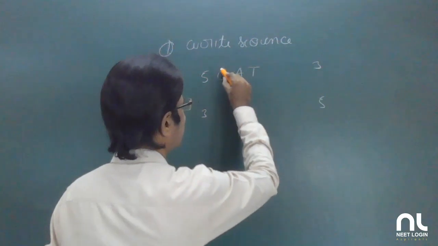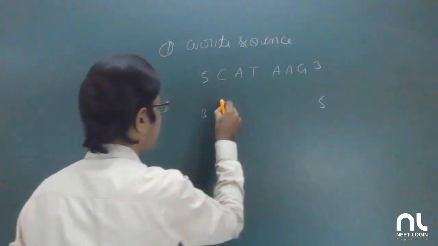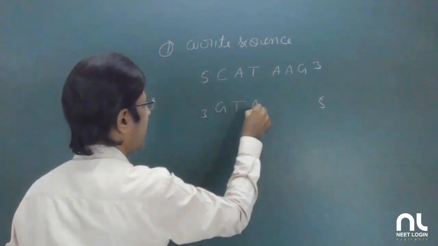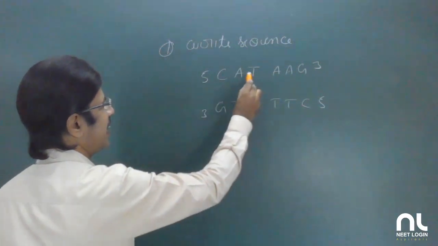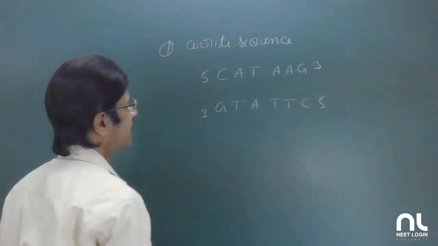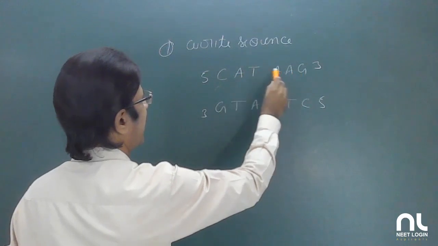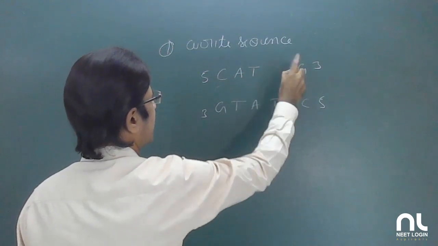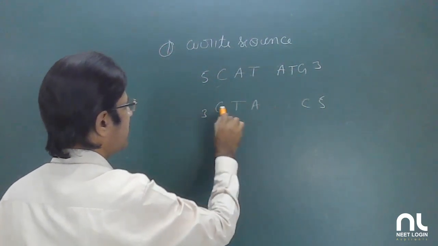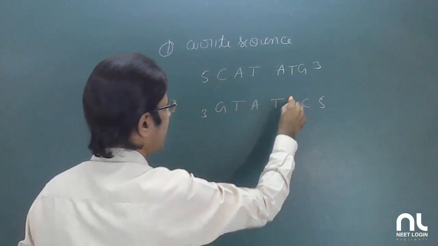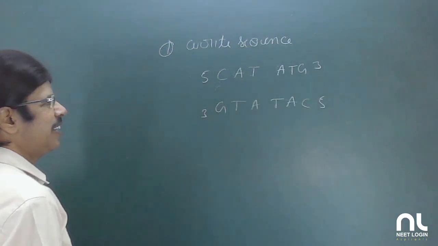On the same strand, C, G, A, T, T, A, G, T, A, T, T, C, C, A, T, A, A, G, C, G, A, T, T, A. Now G, T, A, T, A, C, C, A, T, A, T, G, C, A, T, A, T, G.